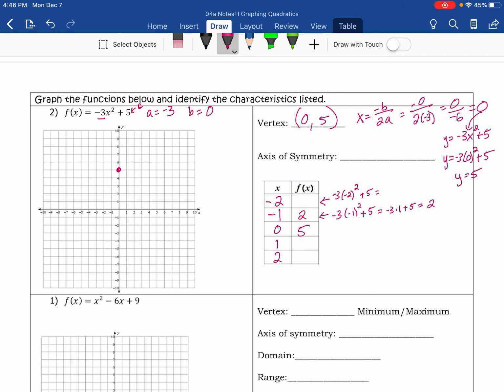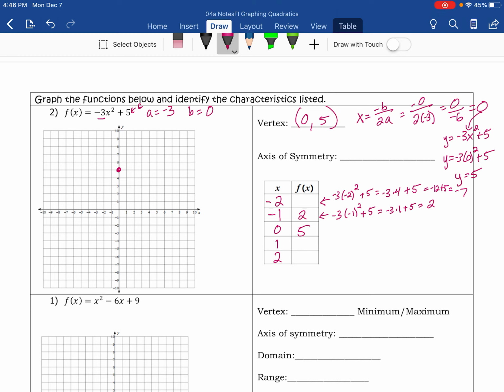-3 times (-2) squared plus 5. That's going to be -3. Now (-2) squared is +4. Make sure you put those parentheses around your negatives. Plus 5. That's -12 plus 5, which is equal to -7.